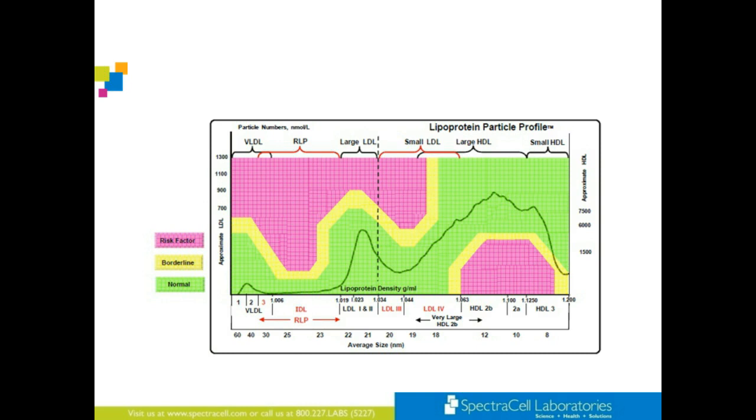So if you move this peak, the middle peak, over to the right of the dotted line, you would see that part of it would be in the yellow, and maybe the very top of that tip would be in the pink. But the point is that these are much more damaging than the ones to the left from an atherogenic standpoint.